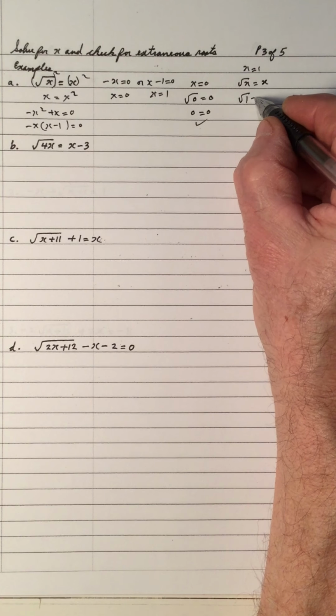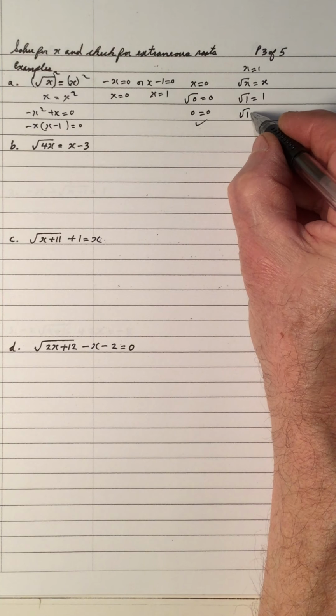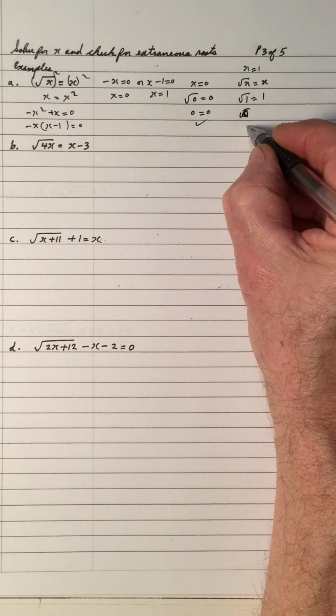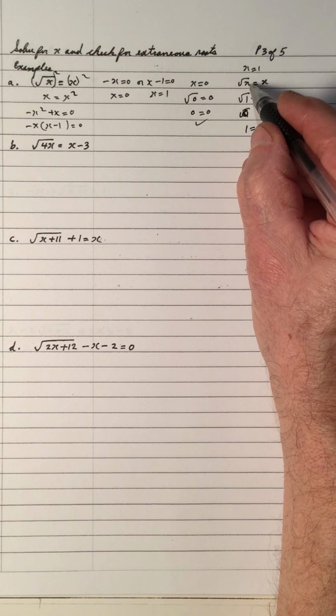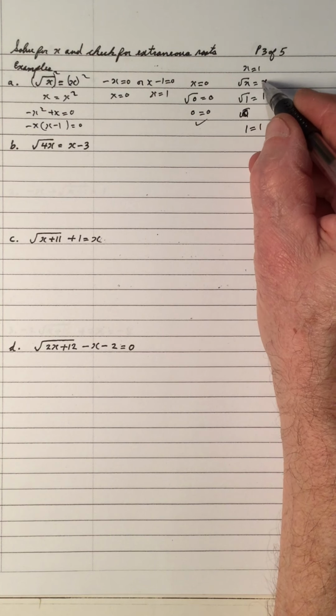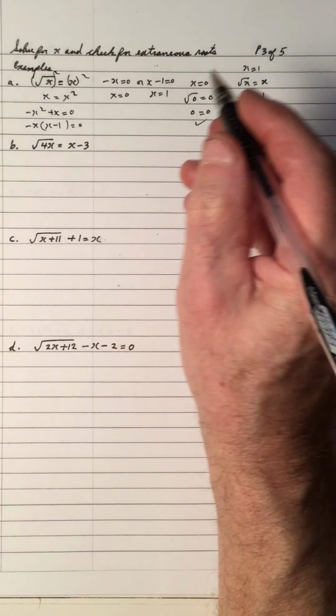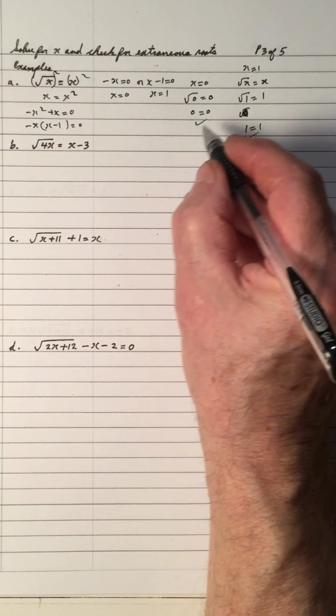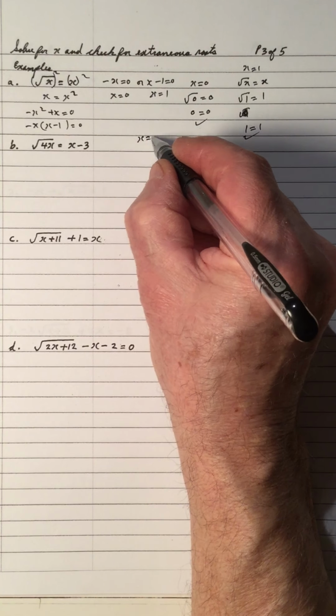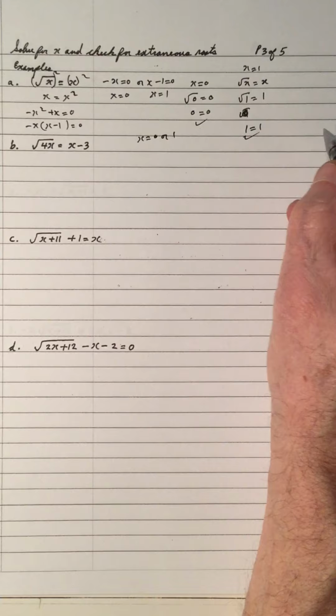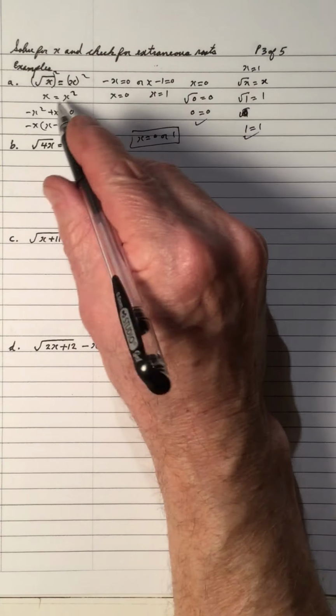So I put a 1 in. The root of 1 is 1. And that's true. So there are two solutions for this equation. x is 0 or 1. Two solutions that make this equation true.